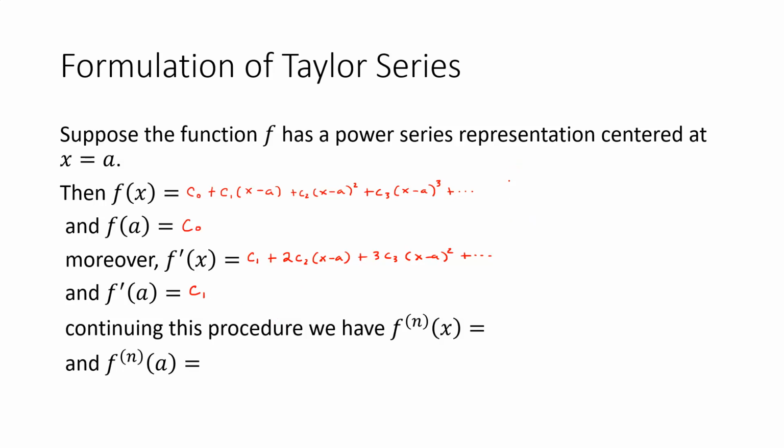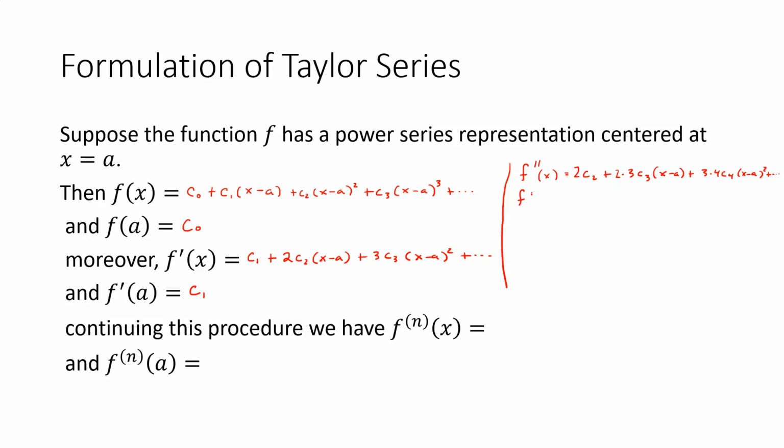And let's see, to continue this procedure, I'll work it out here for a couple more cases. Suppose I find the second derivative. That will be 2c2 plus 2 times 3c3 (x minus a) plus, then the next term would be 3 times 4 c4 (x minus a) squared, and so on.